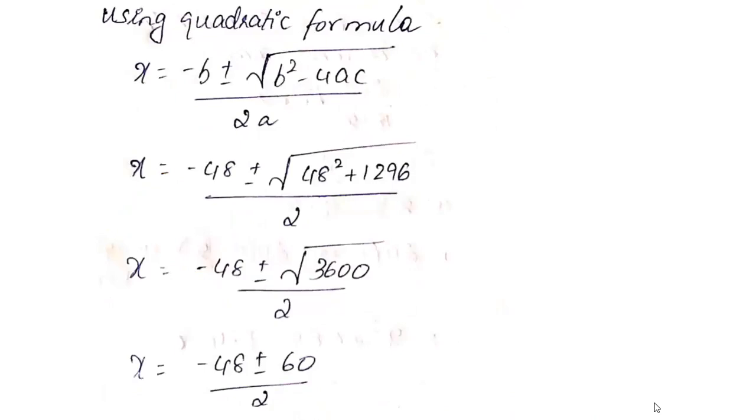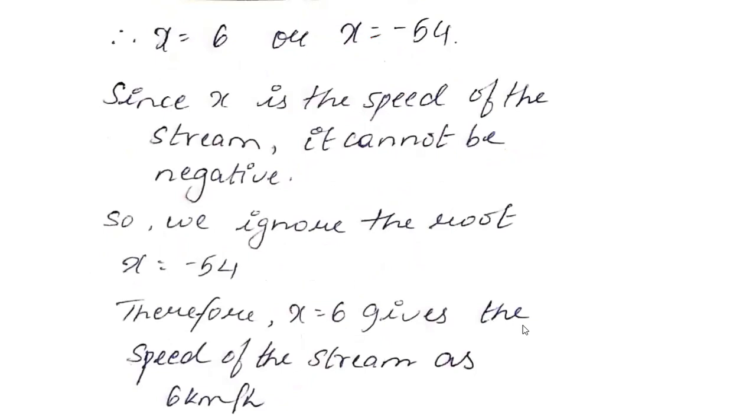Using quadratic formula, write the formula, substitute, simplify, and you will get this answer. No need to worry, children. I will be streaming it down again from the first so that you can copy it down, pause the video.